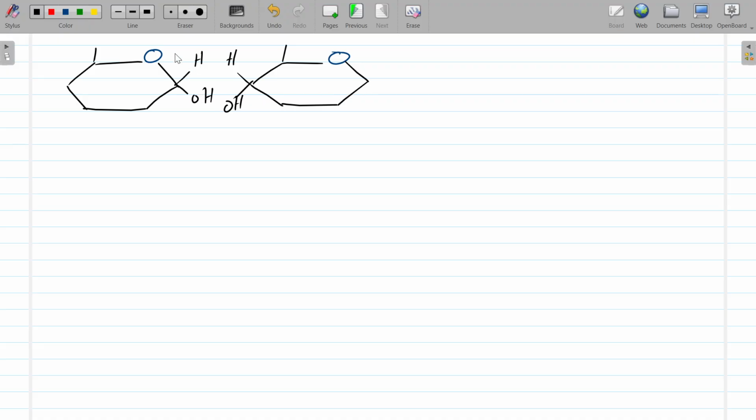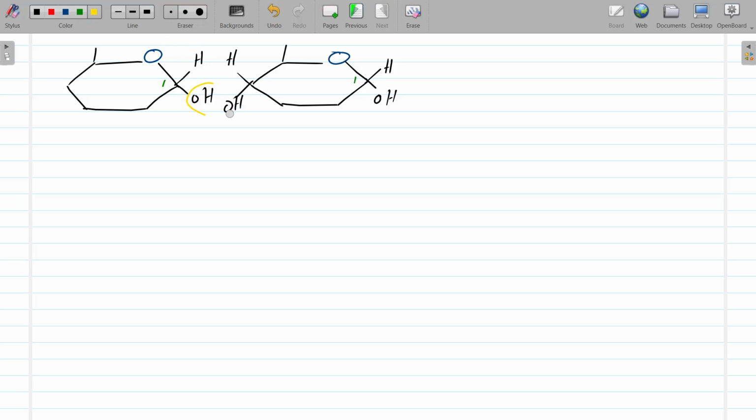So this is carbon number 1, and you can see you've got the OH group below. This is carbon number 1 as well for the other molecule. And what's happening is that the two OH groups react.